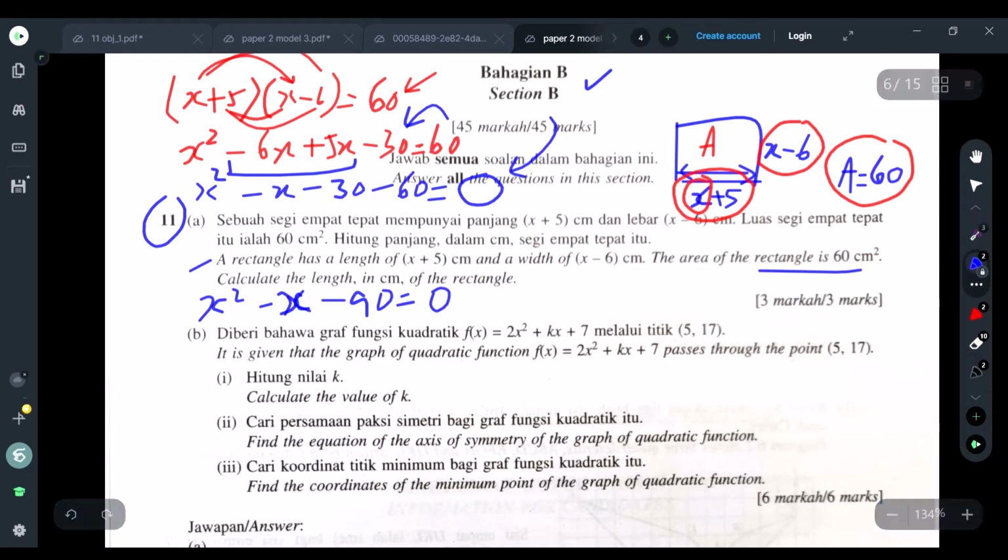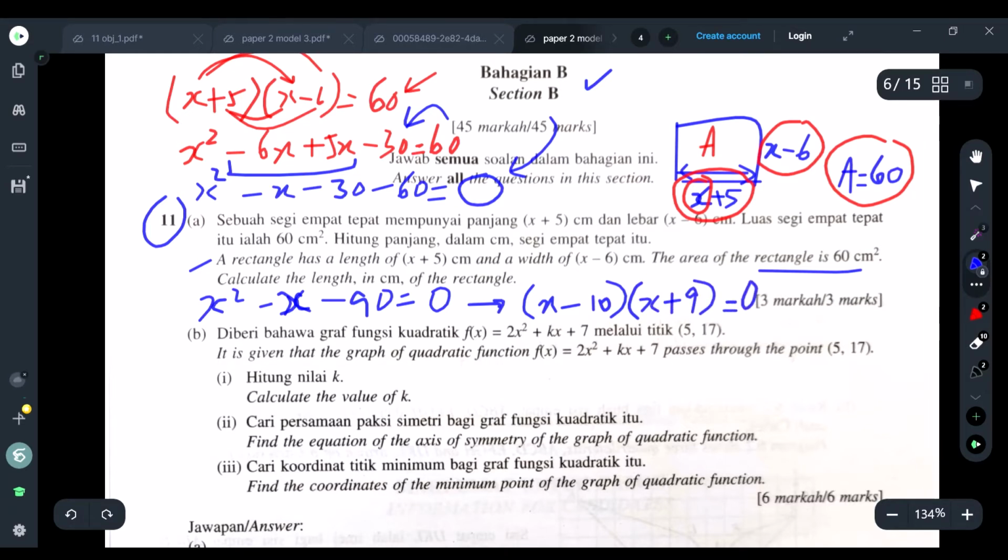Then you just factorize it, and you will get your x. You can use a calculator for this one. When you factorize, you'll get x minus 10 and x plus 9 equal 0.